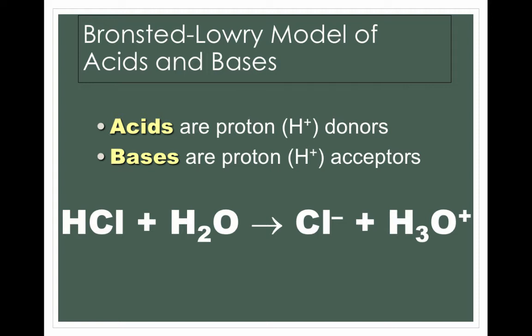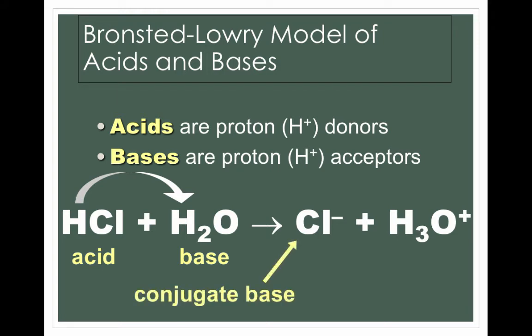So hydrochloric acid is the acid, and it's going to donate its hydrogen to the base. Well, if hydrochloric acid is acting as the acid, that means that water has to be acting as the base. You have to have one of each in this model. So water is going to accept that proton or hydrogen ion, act as the base because it's accepting, and form what are called conjugate acids and conjugate bases.